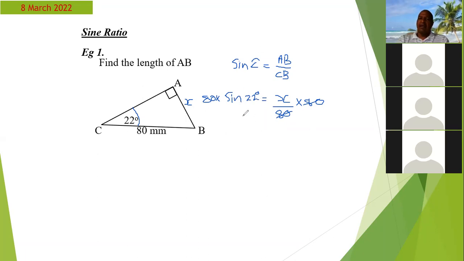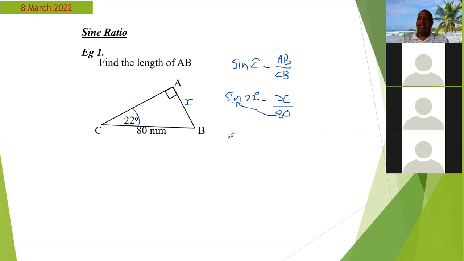All right. Now, if you don't want to go through the process of writing the 80 on both sides, you can just think of it in terms of what we refer to as cross multiply. So what is in the denominator? We just bring it across above and multiply by what we have on the other side.